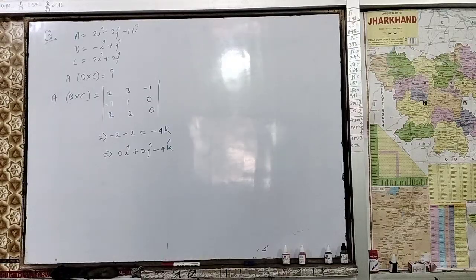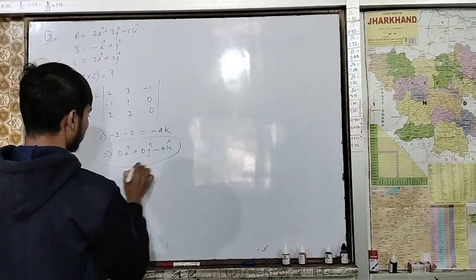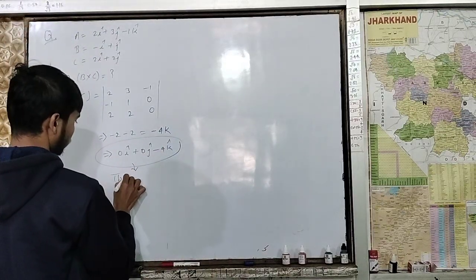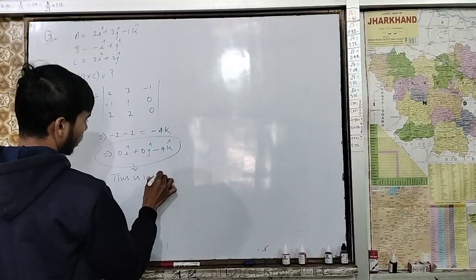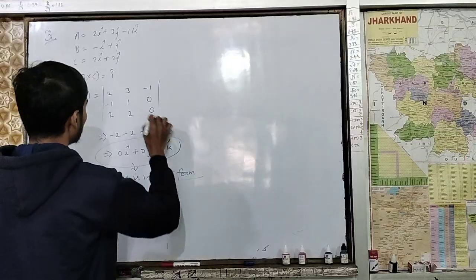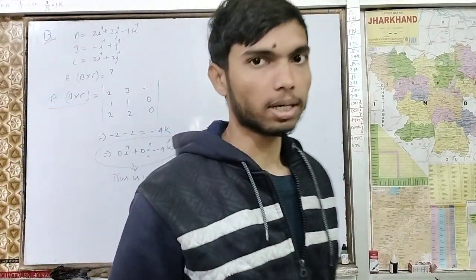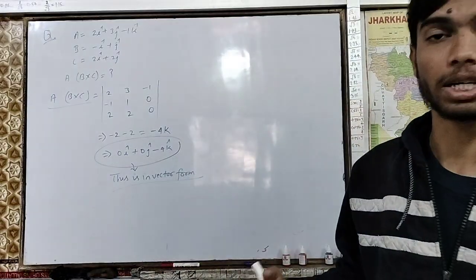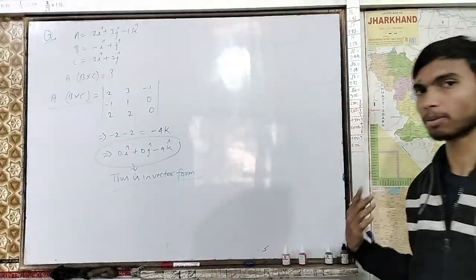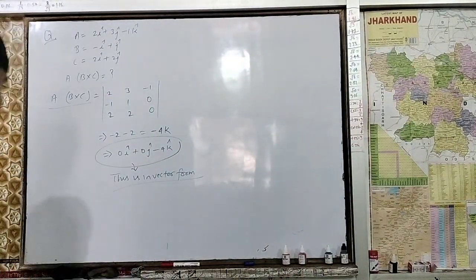But our final answer is minus 4, since we know that the result after using STP will come out as a value which is a magnitude, not I cap, J cap, K cap. This was the first question.